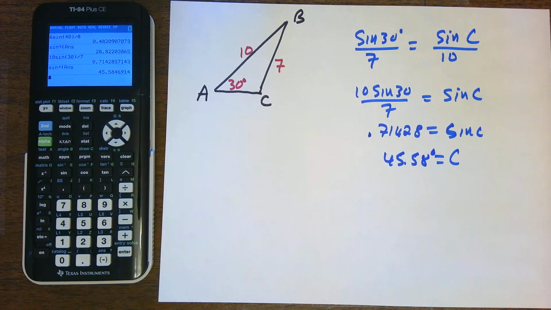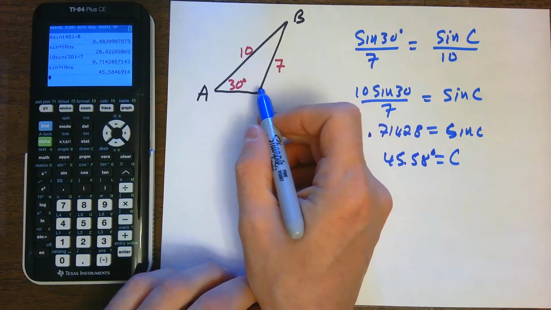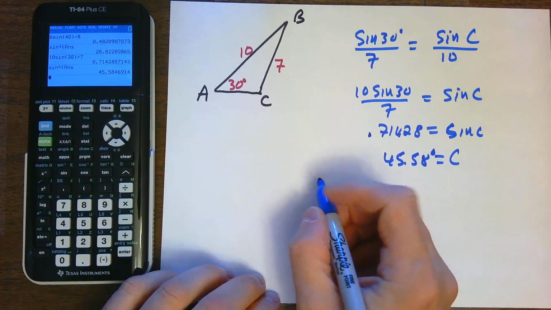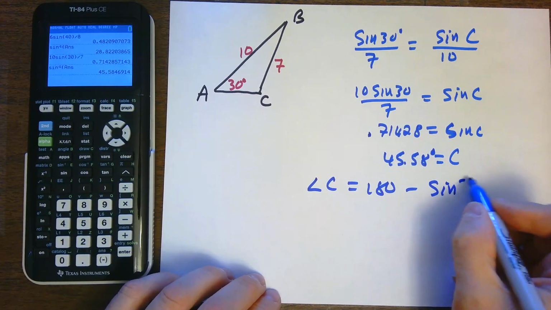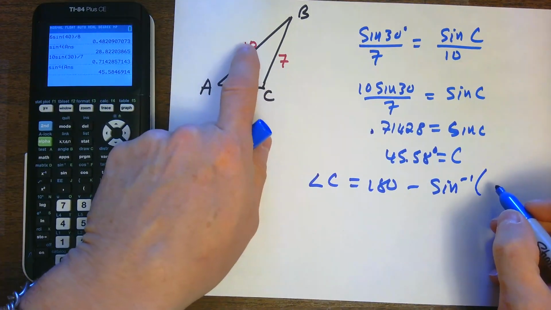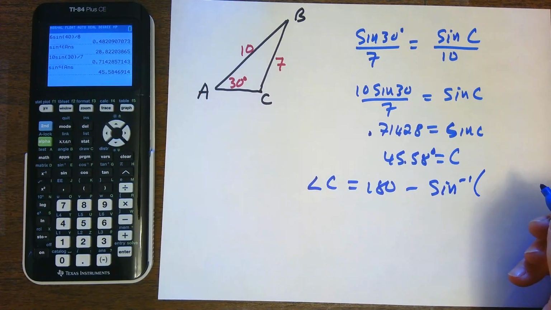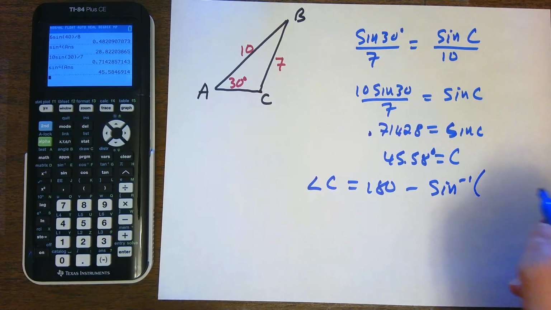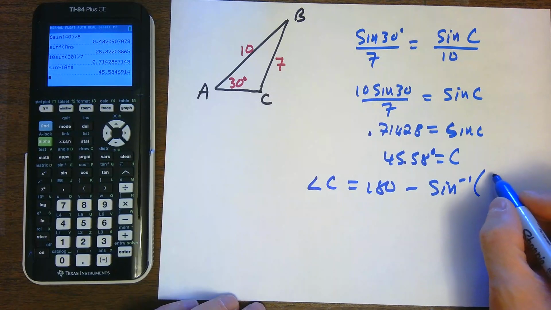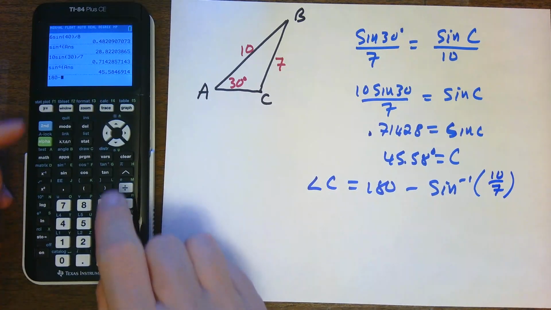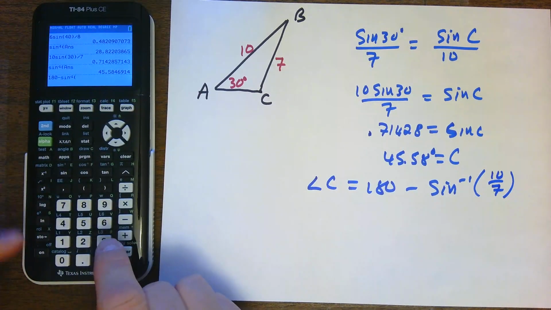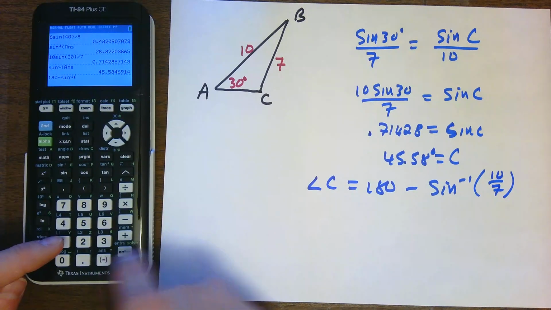But what's the other possibility? Well, the other possibility is that angle C could be 180 minus the angle whose sine is, well, that's going to be more than 1, right?